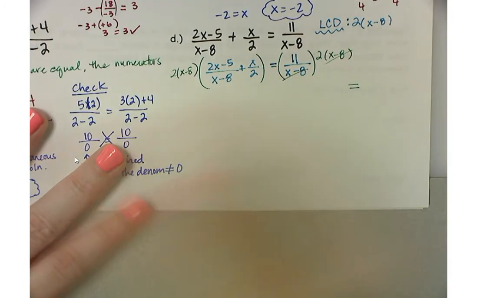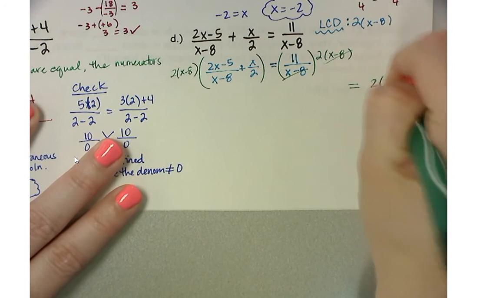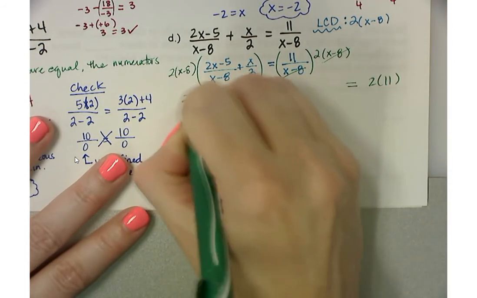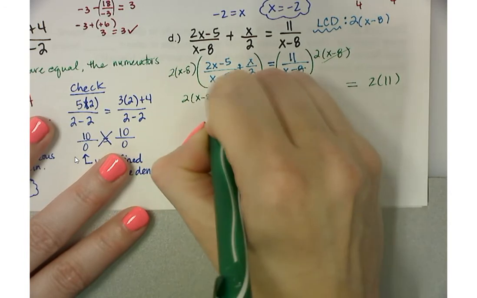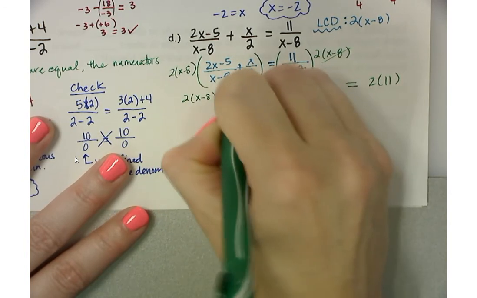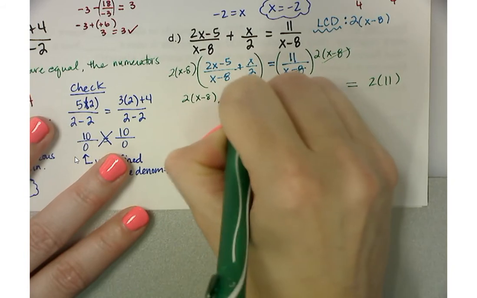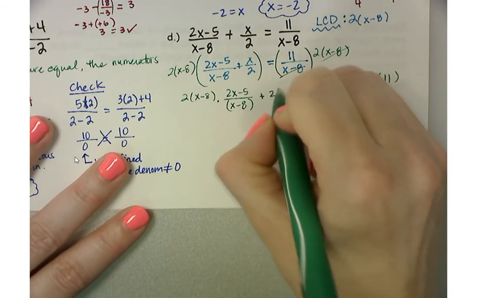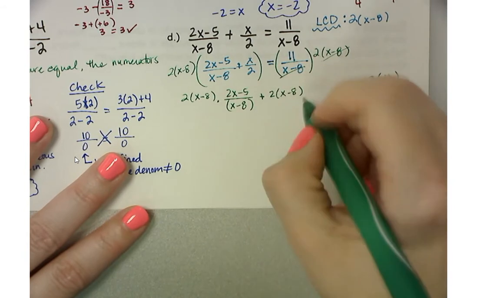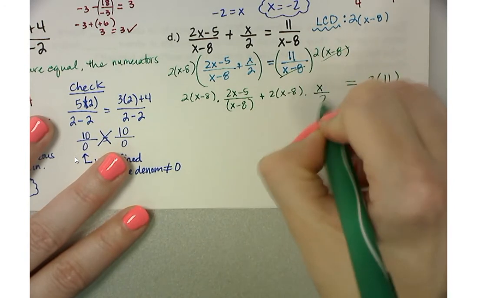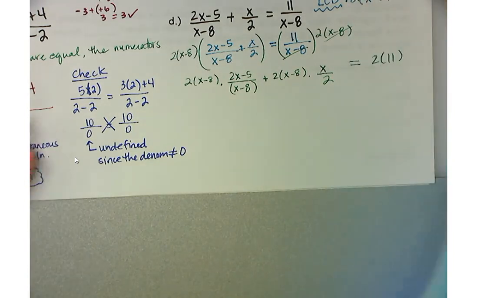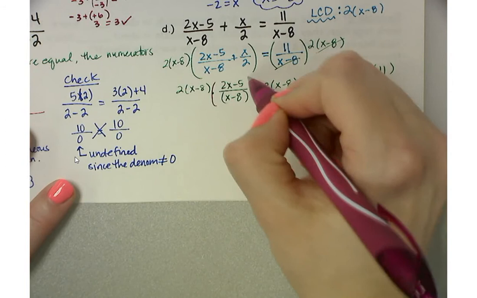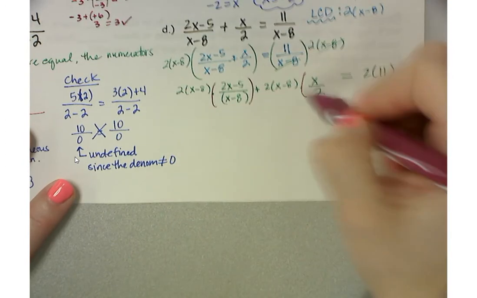Okay, so I'm writing that out so you guys can see that I'm multiplying both of these by that entire LCD. Okay, so then I can cancel the x minus 8s, and I'm going to do 2 times 2x minus 5. Here, the 2's will cancel, and I'm multiplying x times x minus 8 equals 22.